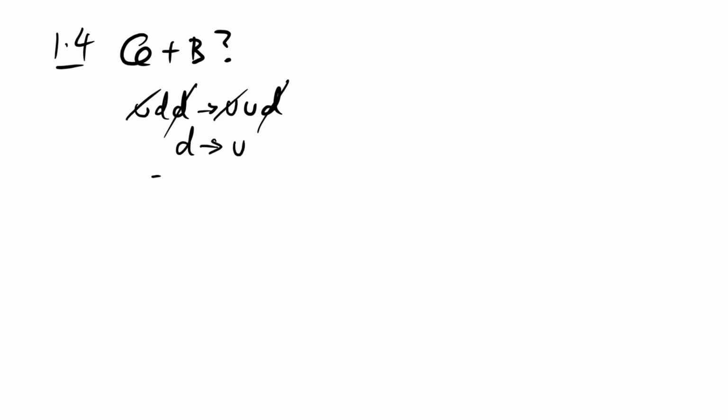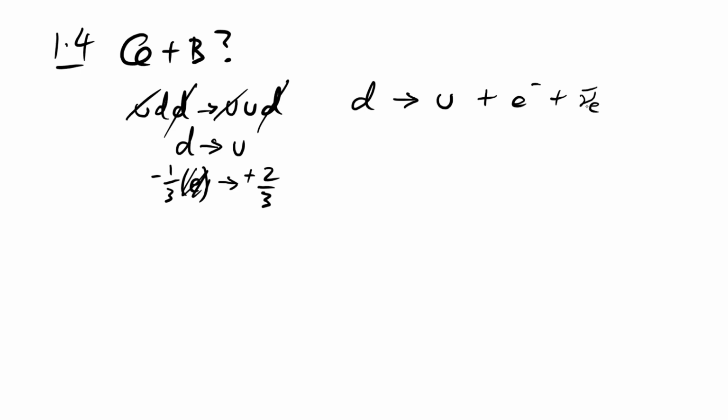The charge of a down quark is -1/3 E, but don't really care about that. And that's going to +2/3. Let's write out a formula for this. Down quark is going to up quark plus an electron plus an anti-electron neutrino. So the charge is -1/3 going to +2/3 plus -1 plus 0. So that all checks out.